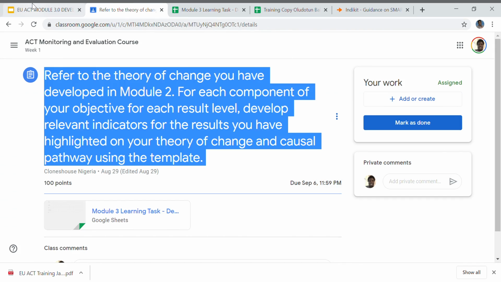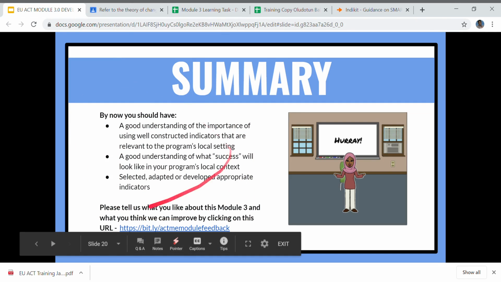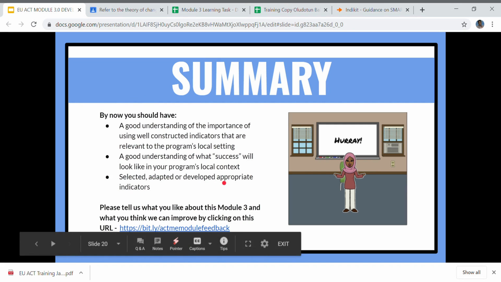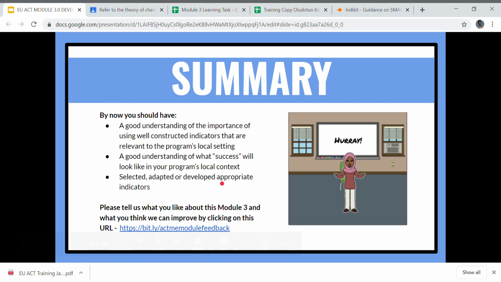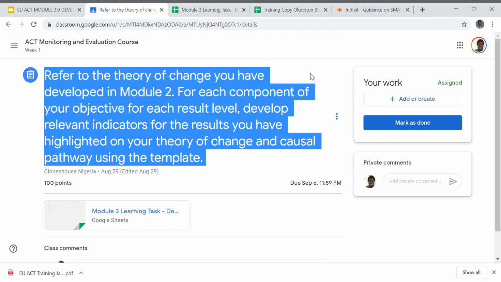In summary, we've looked at indicators, types of indicators, how you can develop them locally, and we have also been able to develop appropriate indicators for two different programs. So we look forward to your submission of your learning task for week 1.